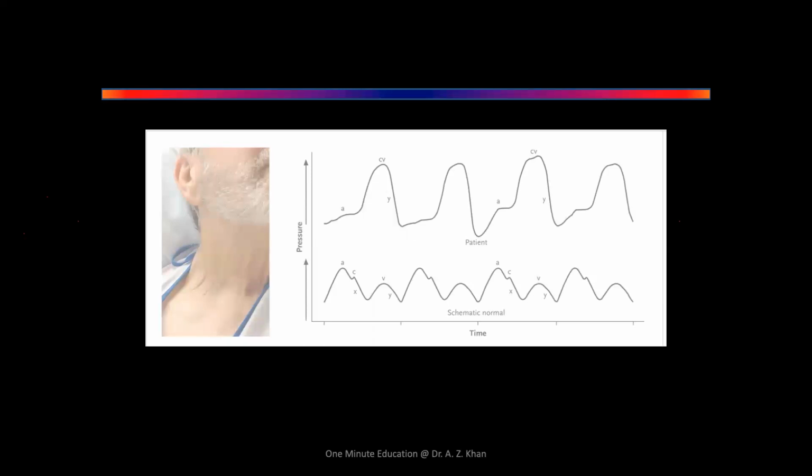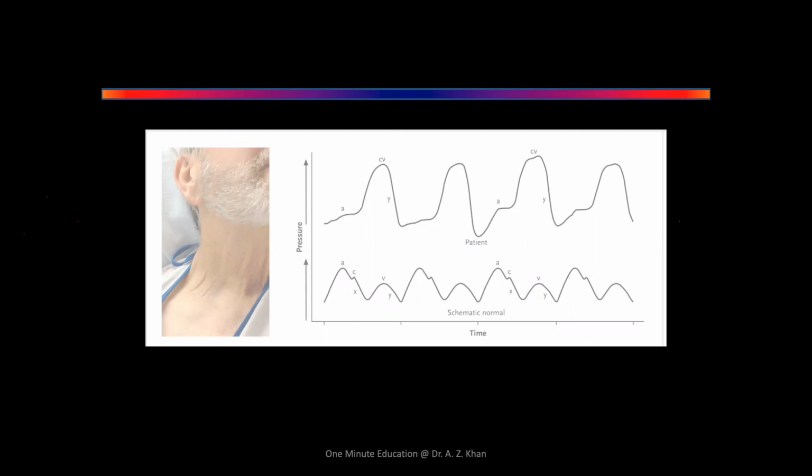What is happening here? It's okay if you don't know, but just describe the name of the sign. There is a graph next to it. Describe what's happening on the graph. And the third mark is for the clinical condition in which this sign is positive.